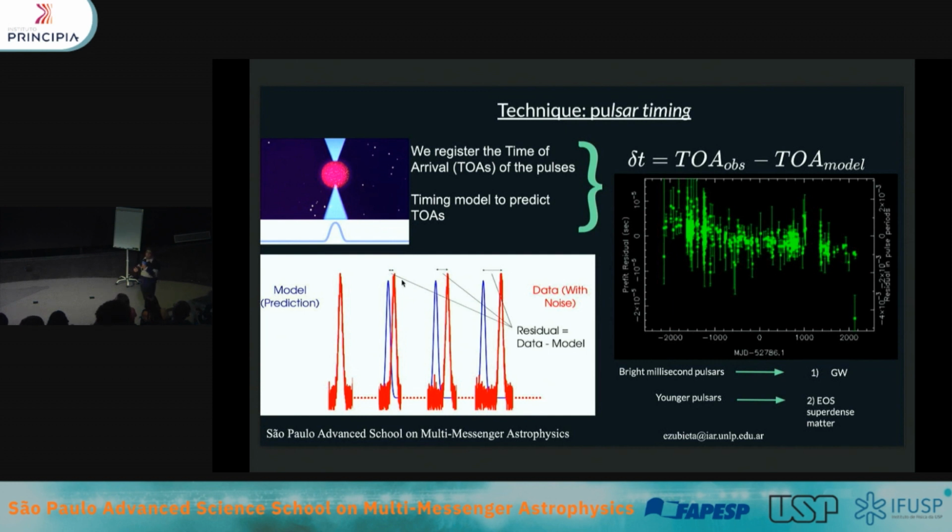But if our model is not accurate, residuals will follow a pattern, and we can use that pattern to develop a better model. So our idea is to use this technique to mostly study two things. On one side, to collaborate with the study of gravitational waves, and on the other side, to collaborate with the study of equation of state of superdense matter.